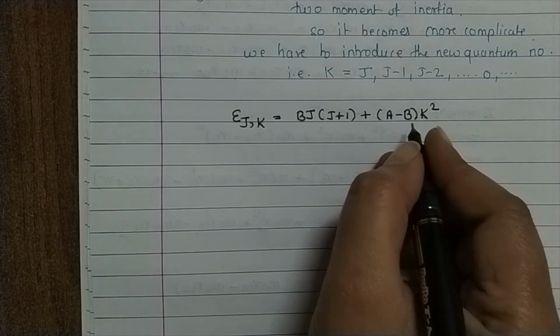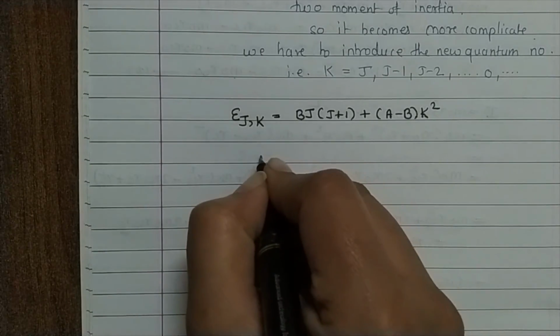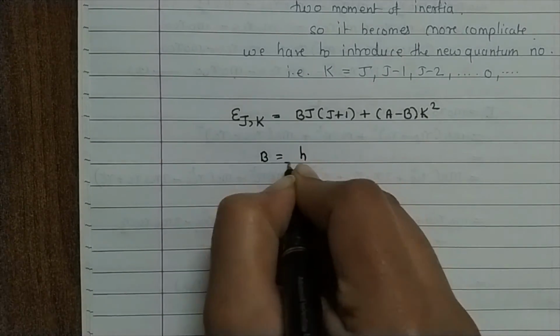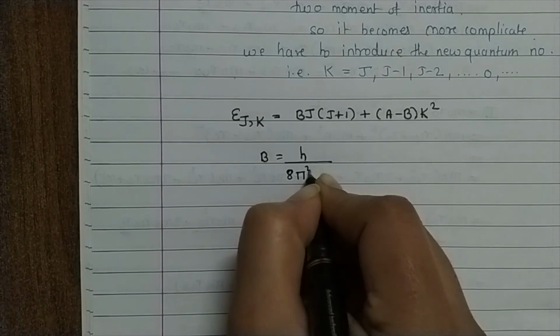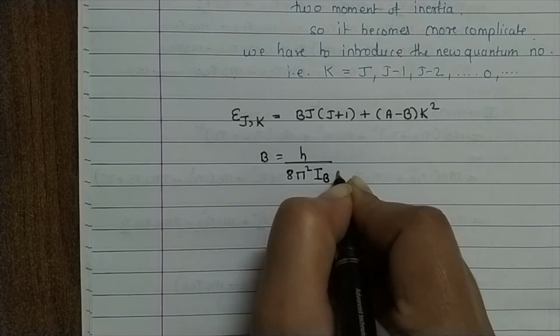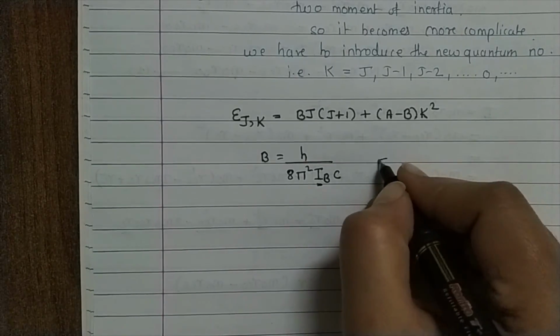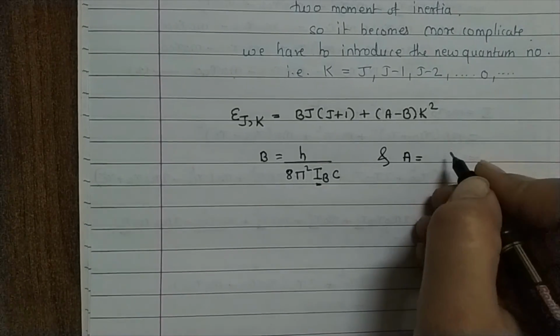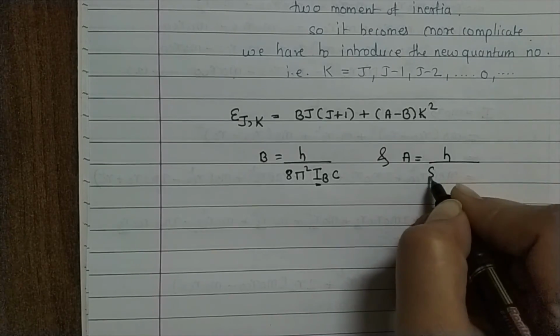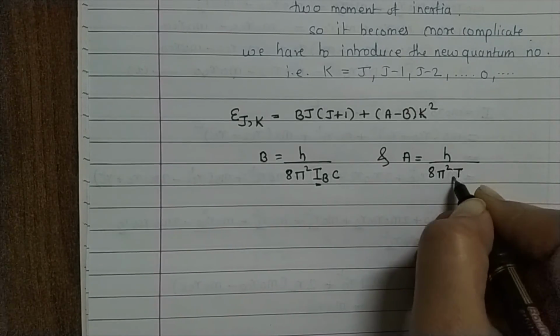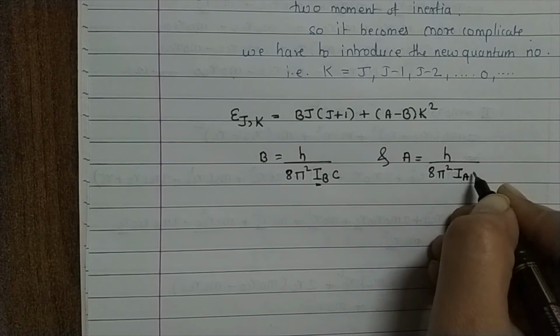Is it okay? So what does this a and b relate? So b is equal to h upon 8 pi square I b into c. So here there is a I b, and a is equal to h upon 8 pi square I a into c.